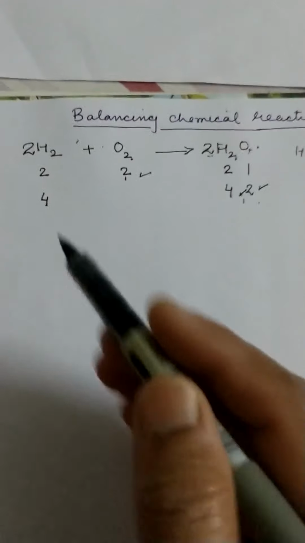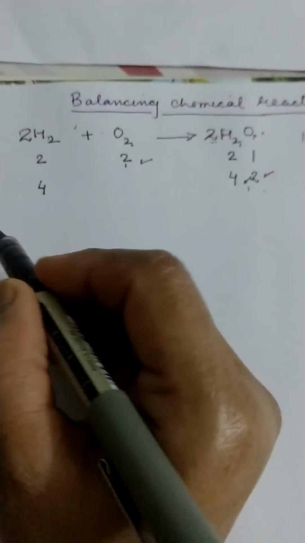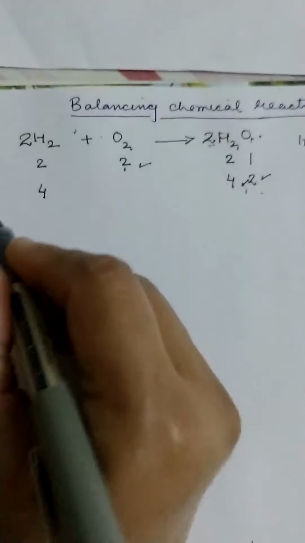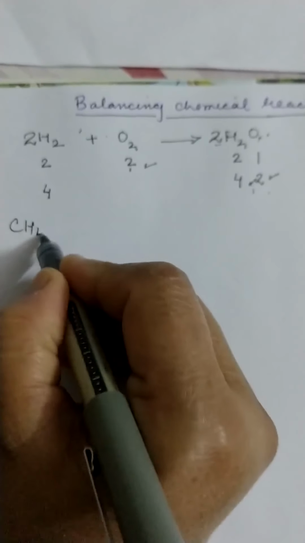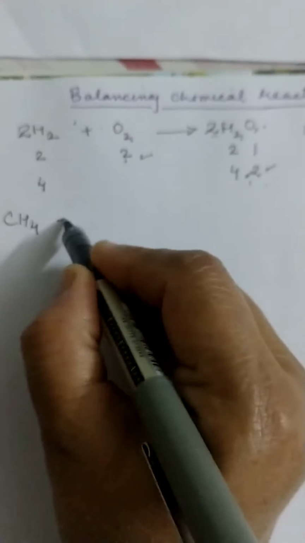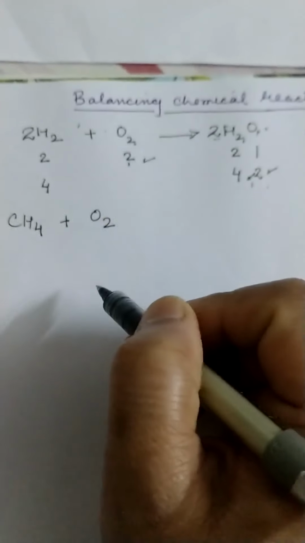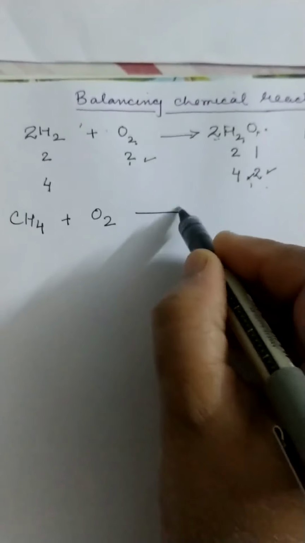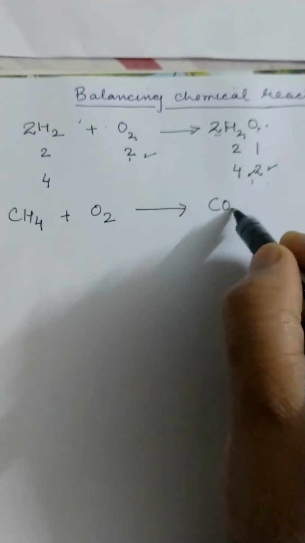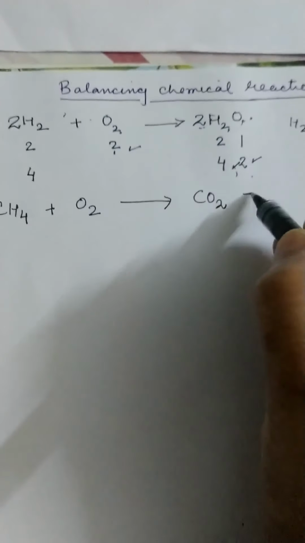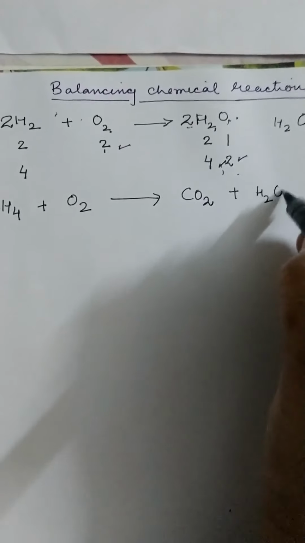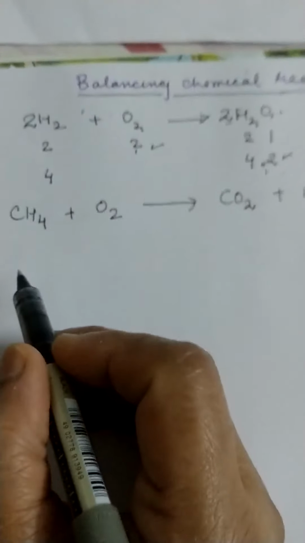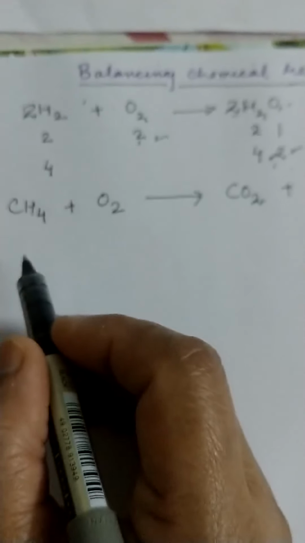I'll give you another example. CH4 plus O2 forms carbon dioxide plus water. Now let us count the number of atoms taking part in this chemical reaction.